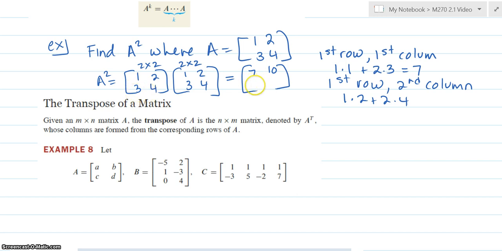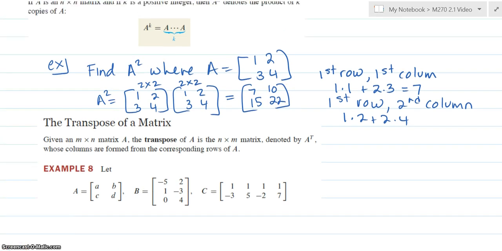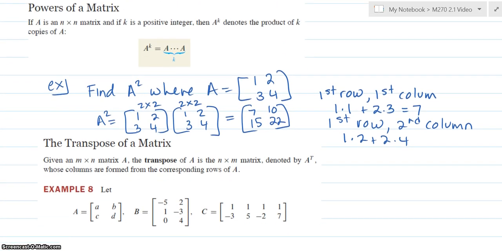This one is going to be second row, first column. So 3 plus 12 is 15. Then first row, last column is 6 plus 16 is 22. So that is an example of powers of a matrix.